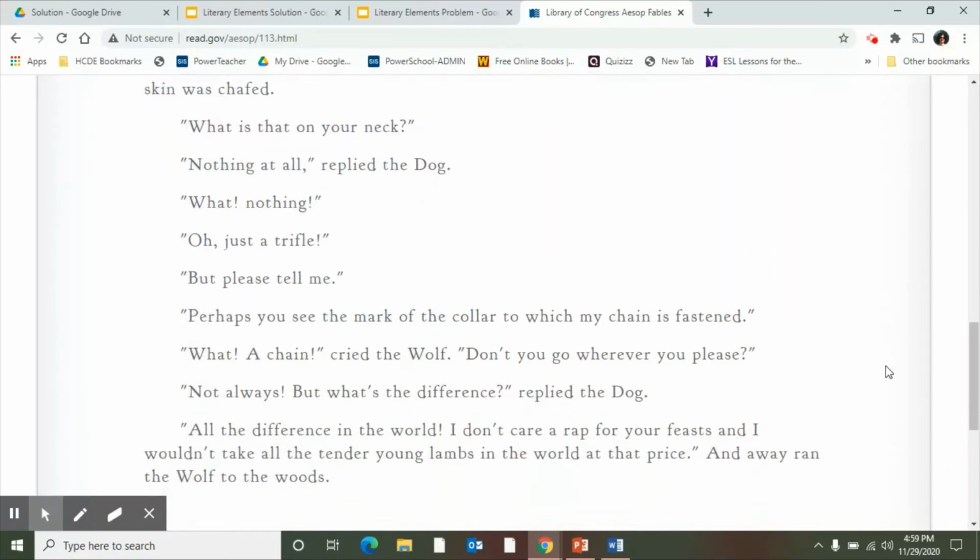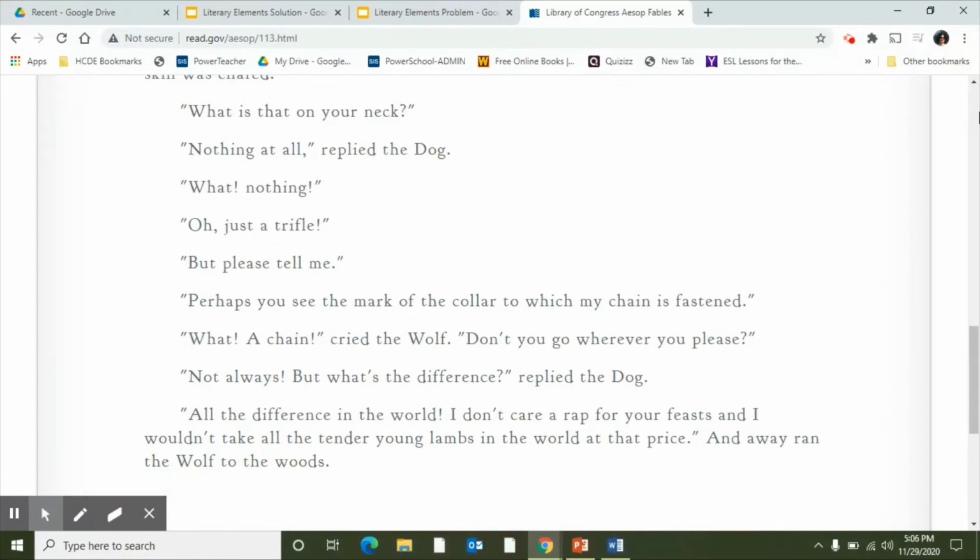"Perhaps you see the mark of the collar to which my chain is fastened." "What, a chain?" cried the wolf. "Don't you walk wherever you please?" "Not always. But what's the difference?" replied the dog. "All the difference in the world. I don't care a rap for your feasts. I wouldn't take all the tender young lambs in the world at that price." And away ran the wolf to the woods.